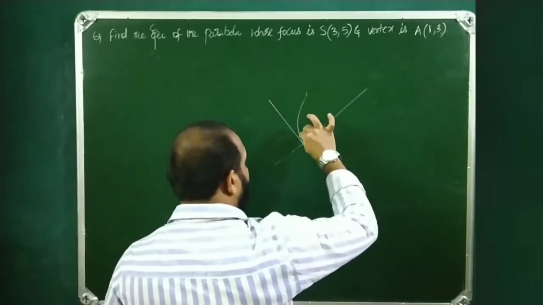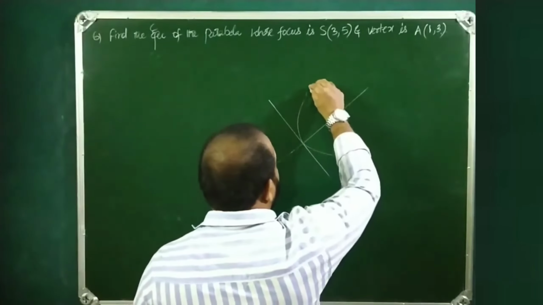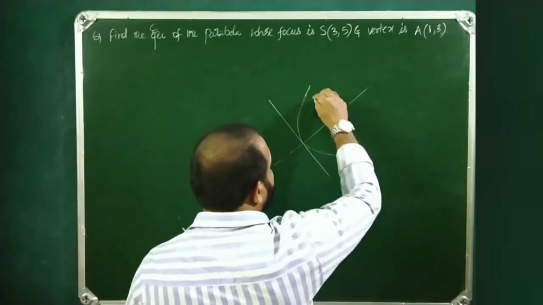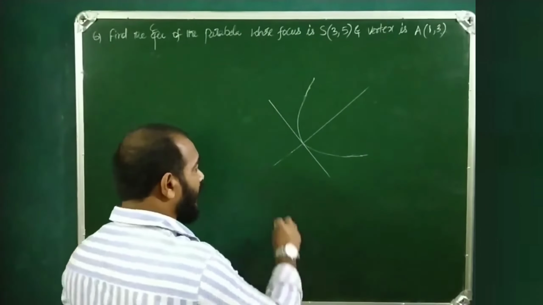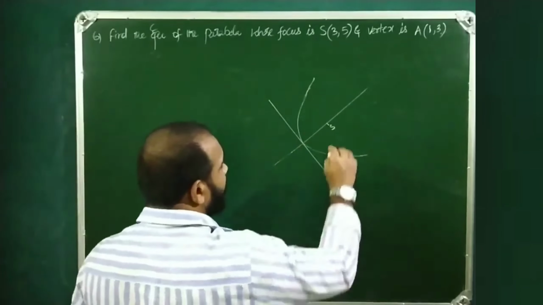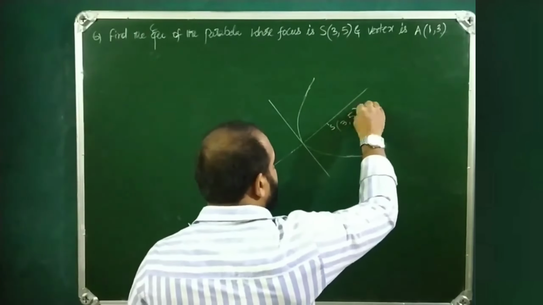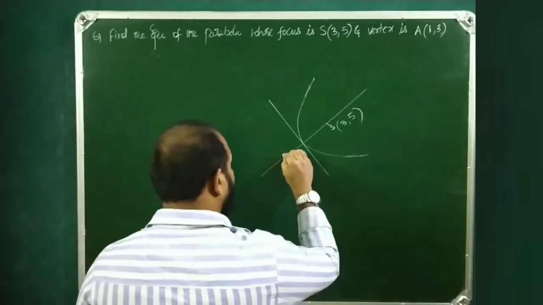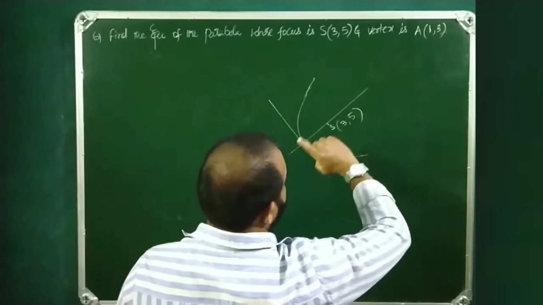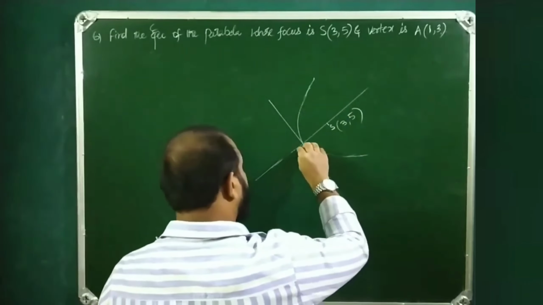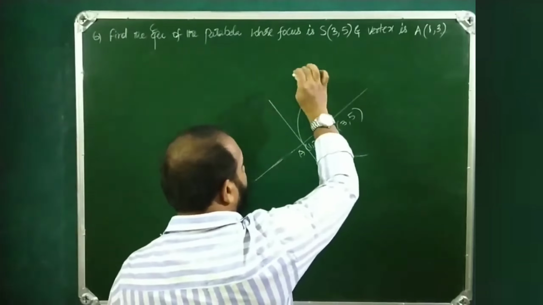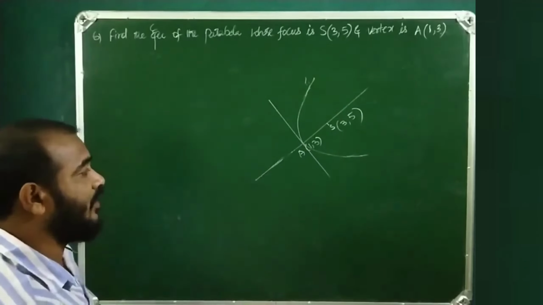So the parabola will be like this, whose axis is not symmetric about either x-axis or y-axis. Now the focus S is here, which is (3, 5), and the vertex is A (1, 3) here. So the equation of this parabola is what we are required to find out.